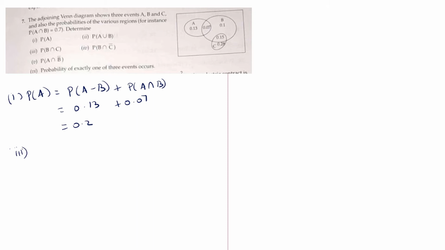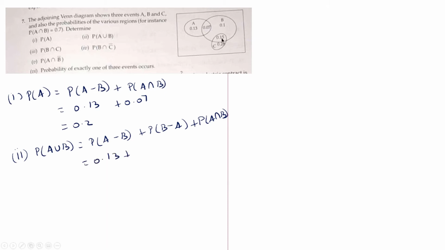Then the second subdivision, probability of A union B. Probability of A union B can be calculated as probability of A minus B plus probability of B minus A plus probability of A intersection B. Now probability of A minus B is 0.13.